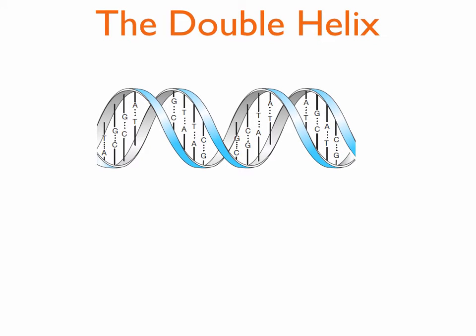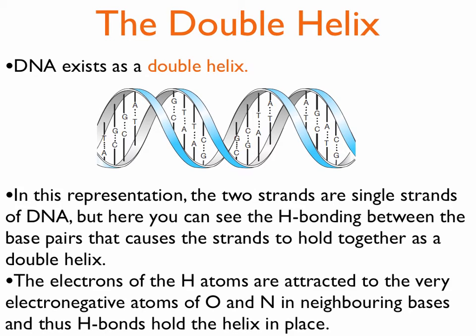Well, DNA is famous for being a double helix. What we're going to see now is that it's the base pairing that forms the double helix nature of the DNA molecule. Here is a representation of the double helix.